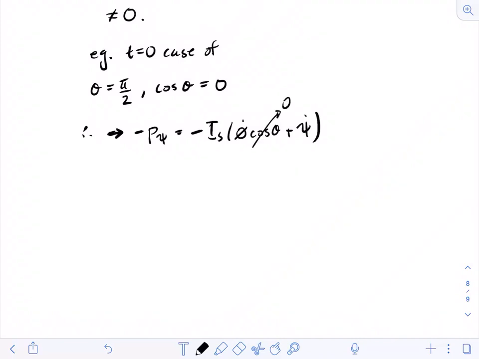But we're thinking about the t equals 0 case, so theta is pi by 2, cos pi by 2 is 0, and so this is equal to minus I3 psi dot.